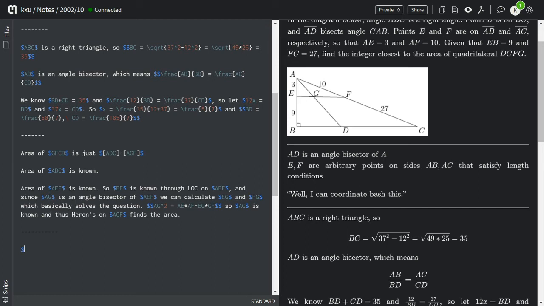So note that the triangles AEG and AEF have the same height.